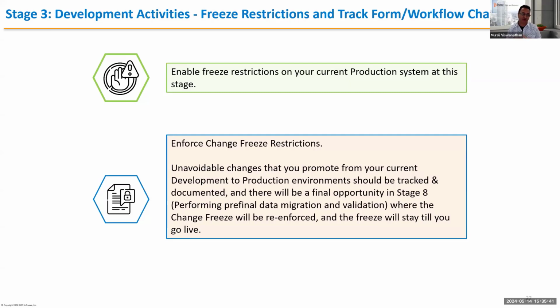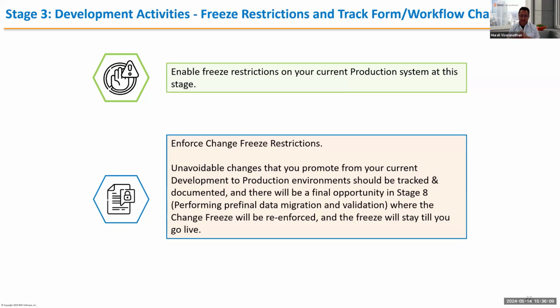You don't want customers going crazy changing forms and fields, creating new CMDB classes, or going crazy with SRDs or reporting. If they have major milestones like that, I would rather make them wait, complete those milestones, and then start the freeze. That way you only have to handle unavoidable changes, and you can try to avoid even those, because they are entering a kind of upgrade mode right now, an upgrade or migration project.